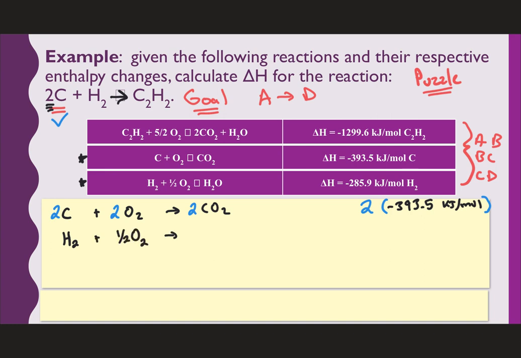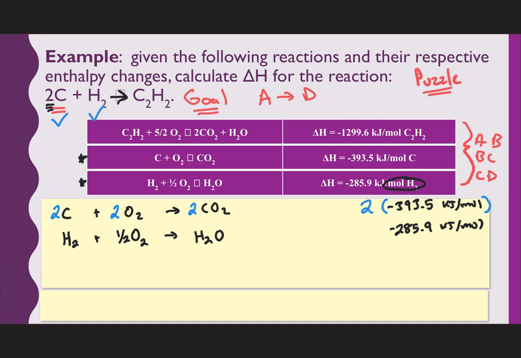And that's okay because in this reaction, they're assuming 1 mole of H2, which means we have to use a half coefficient for the oxygen. So it appears that as of right now, I don't need to do anything to this reaction. So let's just copy this number down. Negative 285.9 kilojoules per mole. And then the last step, the goal, so hydrogens are taken care of.